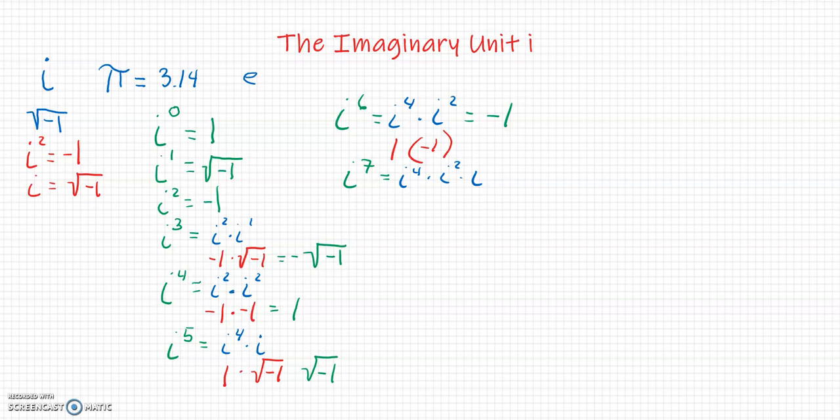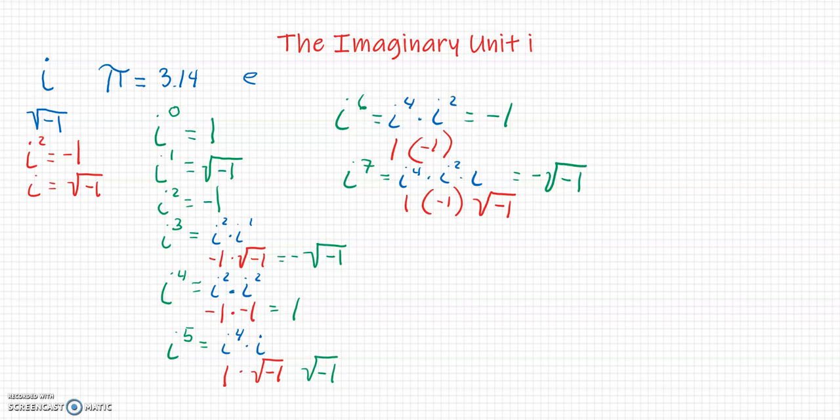Well, i to the fourth, 1, i squared, -1, times i, the square root of -1. Well, -1 times the square root of -1. Yes, in fact, that does give us the negative square root of -1.